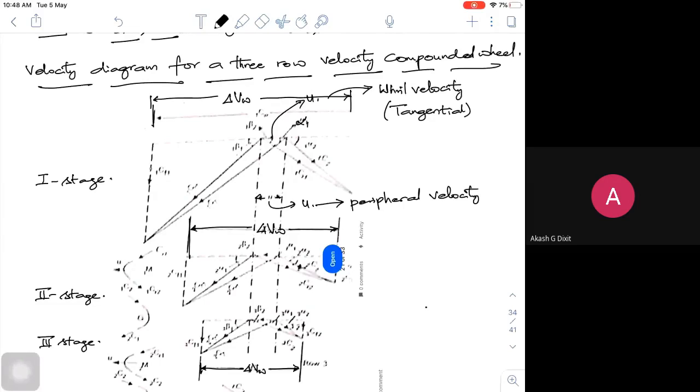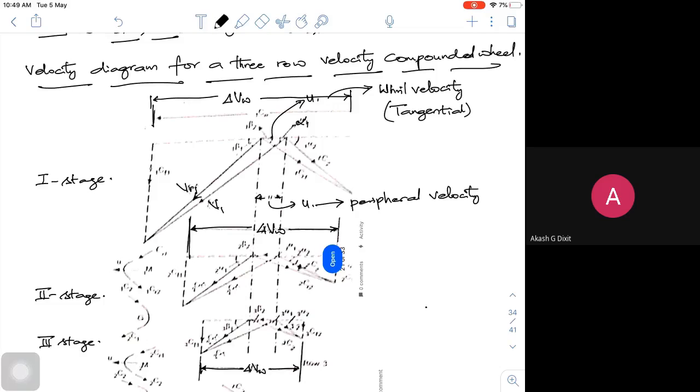If you go and look into the Euler expressions, the Euler expressions consist of the tangential component of the velocity. Then for each component you look at it. If this is my V1, this is my alpha 1, and this is my U, this will be my VR1.